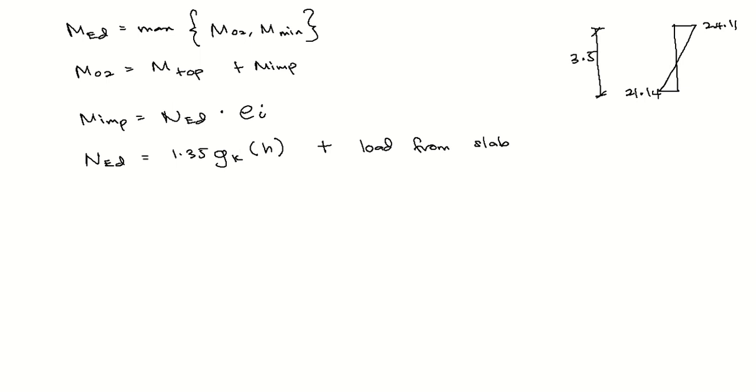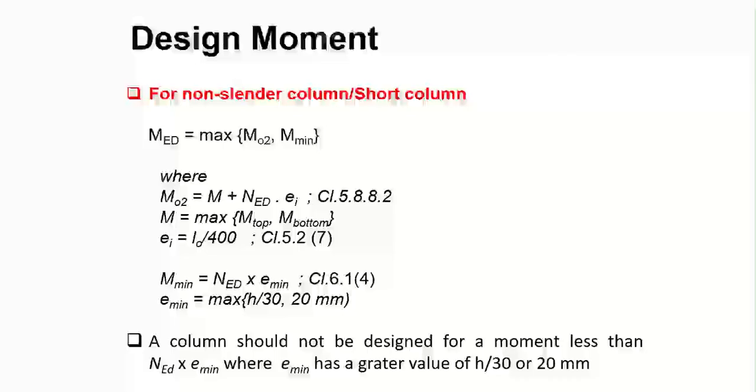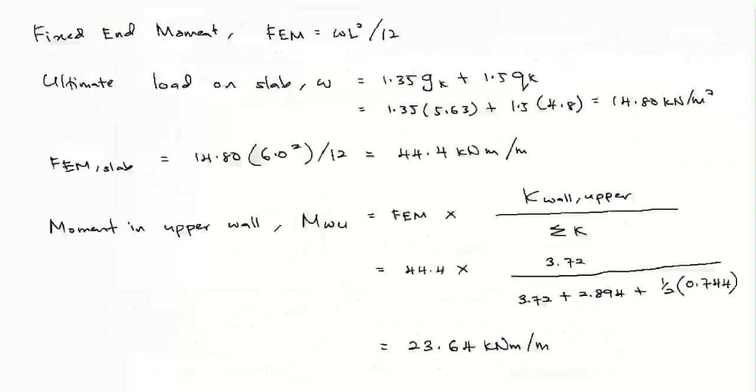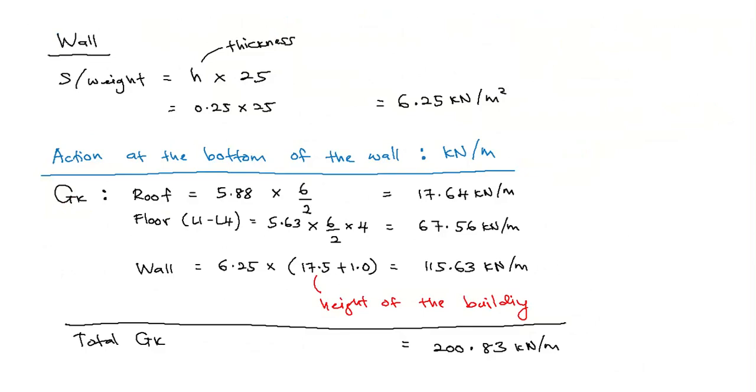Okay. So 1.35, what is the value of GK? Let's look at the value of GK. Here, okay, the self weight. That's why just 1.35 GK. Okay, we are considering the self weight of the wall only.